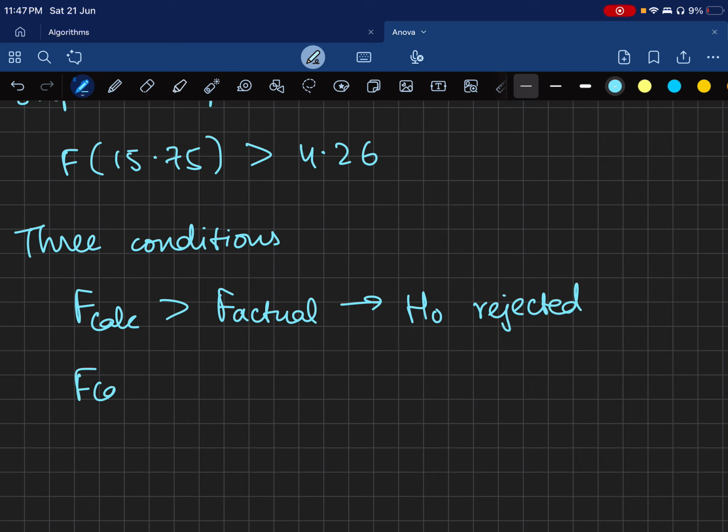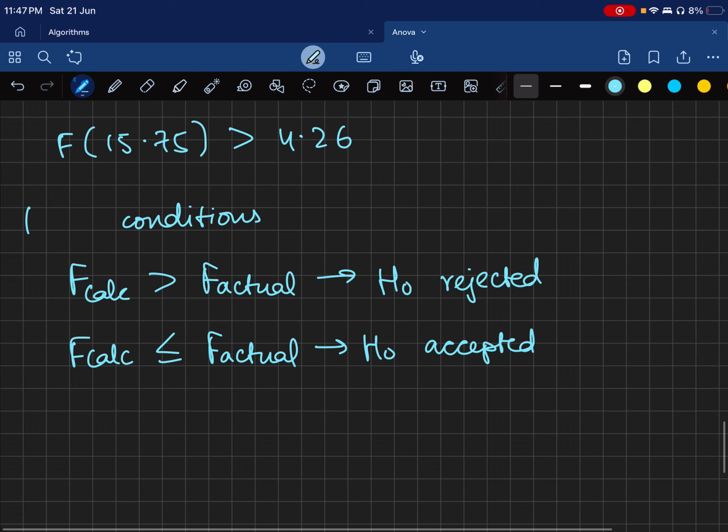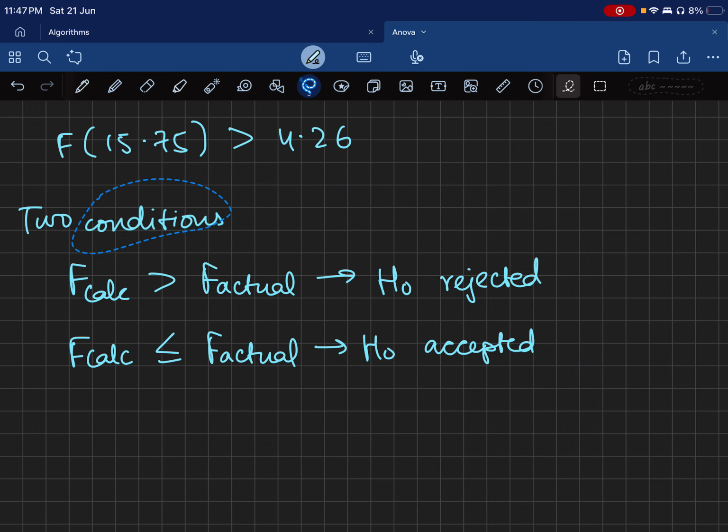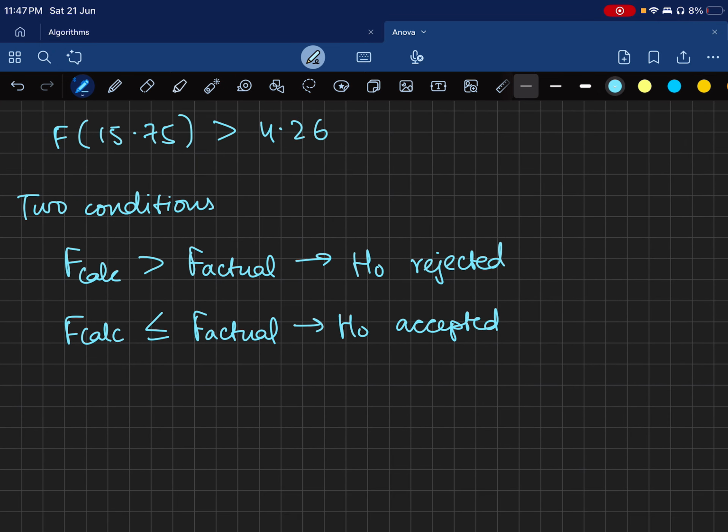If F calc is lesser than or equal to F actual, then the hypothesis is accepted. I took equal to as another condition, that's why I said three. So for F calc greater than F actual, the hypothesis is rejected. And for F calc lesser than or equal to F actual, the hypothesis is accepted.